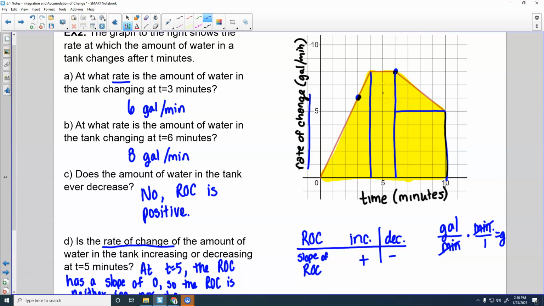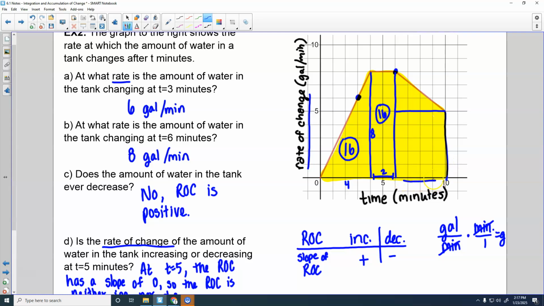But if we find the area here, this is 4, and that is a height of 8. So we would be doing 1/2 times 4 times 8, which would give us 16 on that piece. This part would just be 2 times 8. That's also going to give us 16 for that piece.